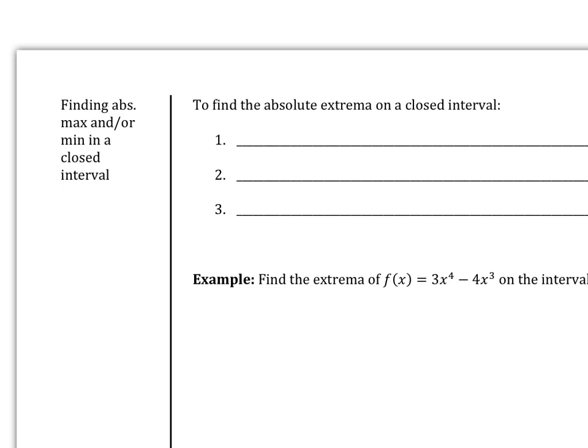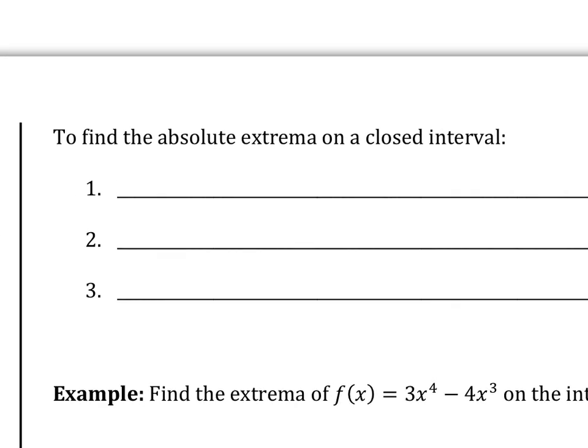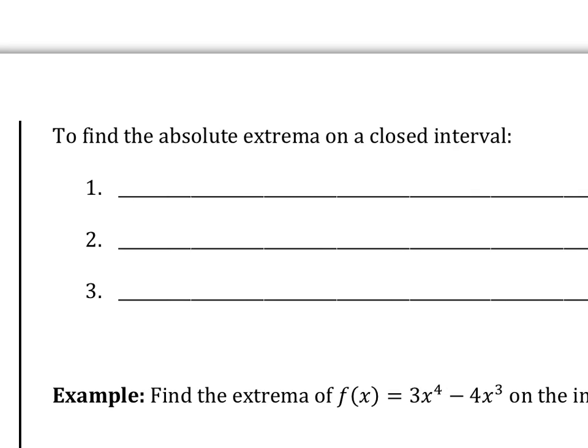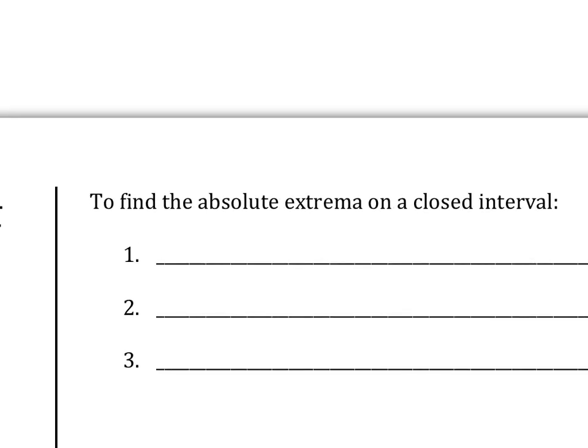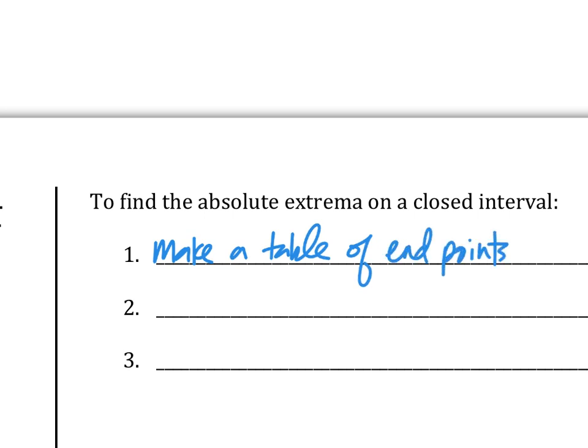Now, what we're going to do is take those critical numbers and we are going to try to find some absolute maximum or minimum on a closed interval. All right, so to find the absolute extrema, so that is absolute maximum or minimum on a closed interval, it's very easy. What you're going to do is you're first going to make a table of endpoints, since the endpoints are the only places that could really become absolute something.